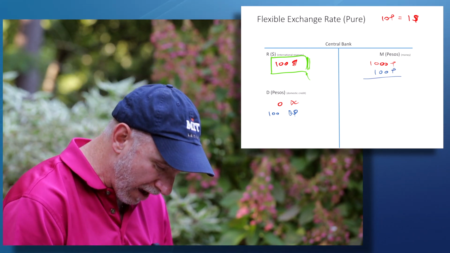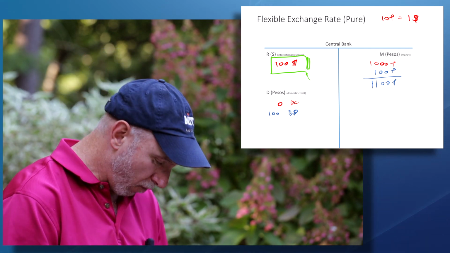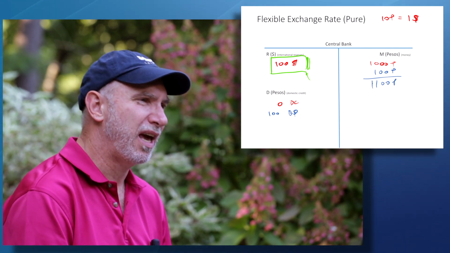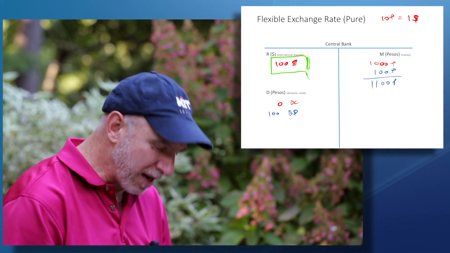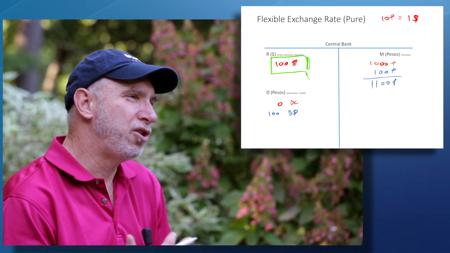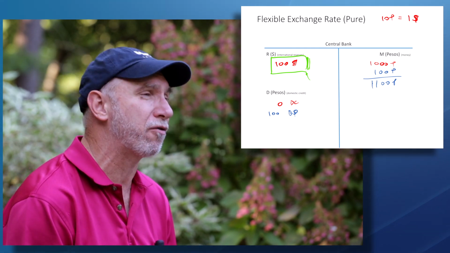So now we have 1,100 billion pesos in the money, and 100 in US dollars. So you can imagine that now not every 10 pesos have a dollar. Truly they don't. There's this different ratio.